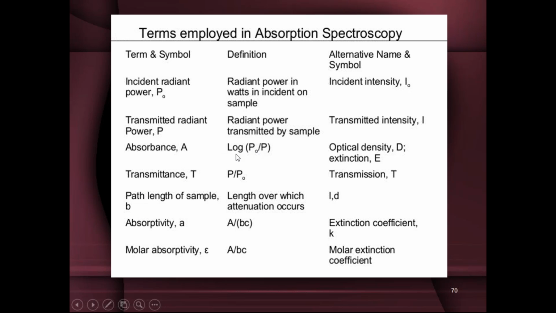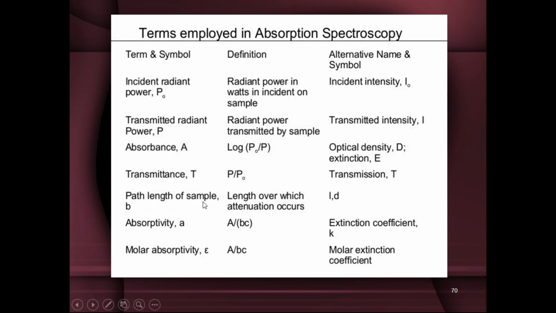Transmittance, denoted by capital T, may also be called transmission. Commonly, it's called transmittance. It is P by P0, or you could say I by I0, or IT by I0.